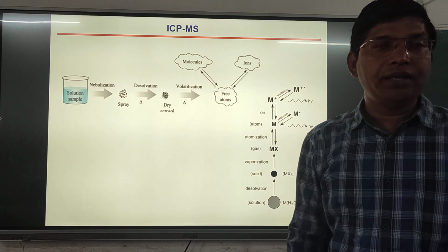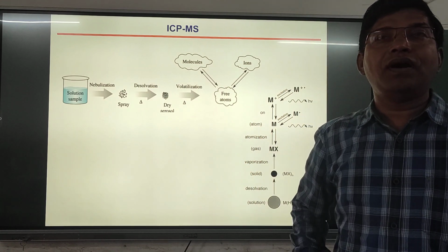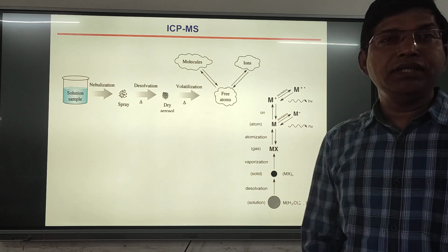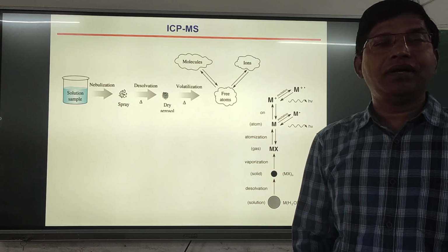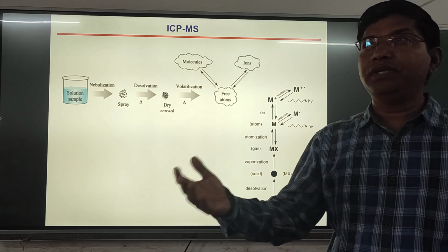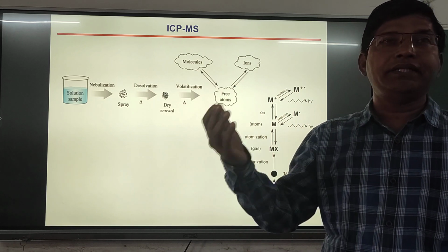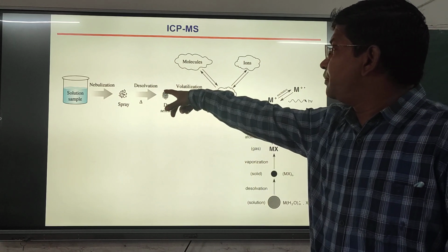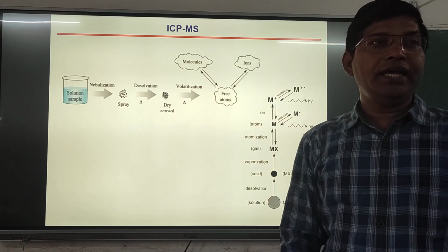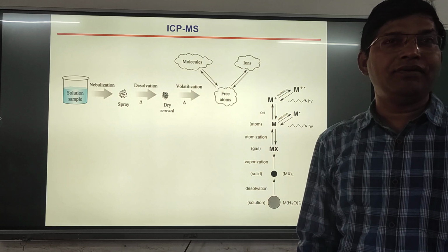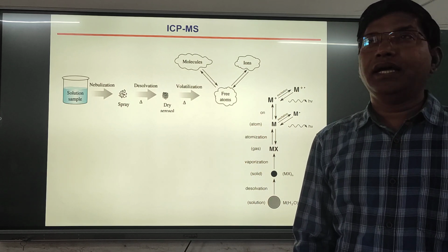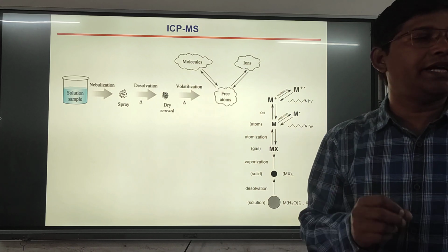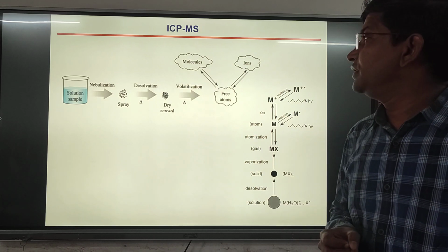Now you will see the different steps that occur during the process. First we suck the sample, then there is volatilization and drying. Suppose there is any unknown element from the periodic table. There are some elements that cannot be analyzed with this technique.